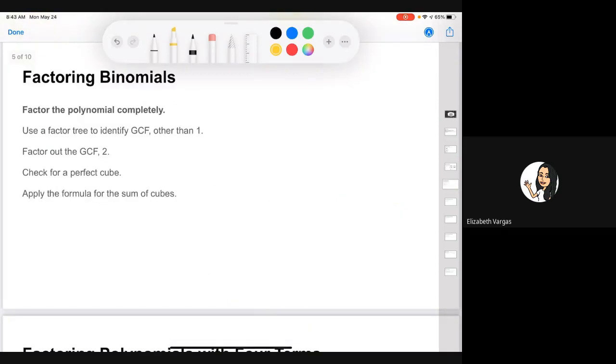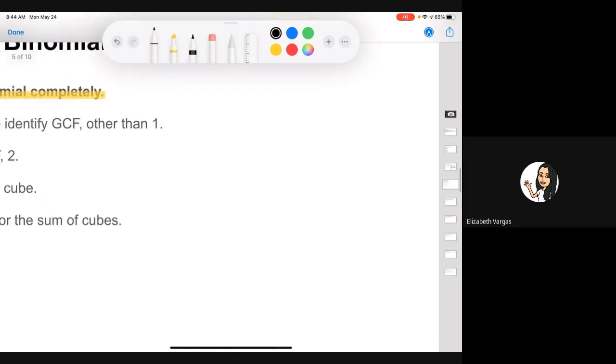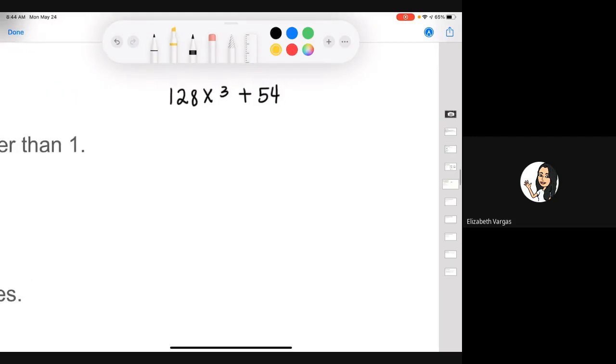So again, we want to factor this polynomial completely, okay? Say that this is the polynomial I start with. What I'll notice here is I have a 2 expression polynomial. I know when I have a 2 expression polynomial, the easiest thing is to see if there's a greatest common factor I can take out. I have 2 whole numbers, so I want to find what primes they have in common.